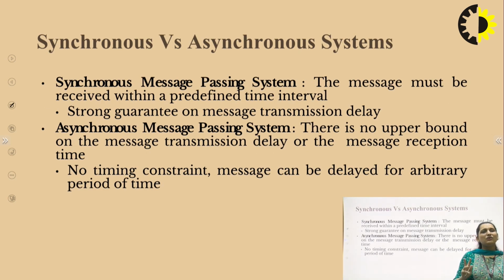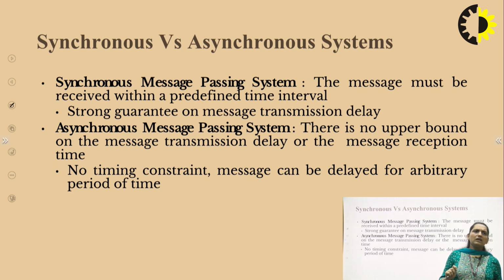We have two scenarios of message passing: synchronous and asynchronous. In synchronous, how much time do we have to wait? It is a fixed amount of time, this many seconds we wait for messages to circulate, because we are using a message passing technique. The message is received within a predefined time interval.